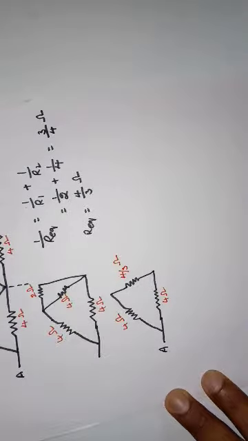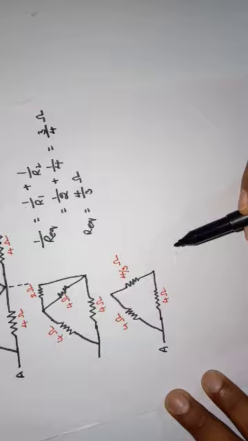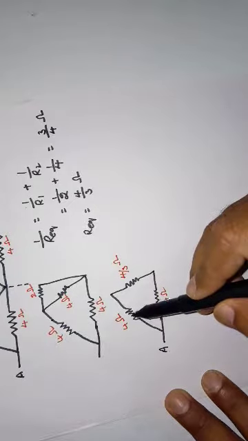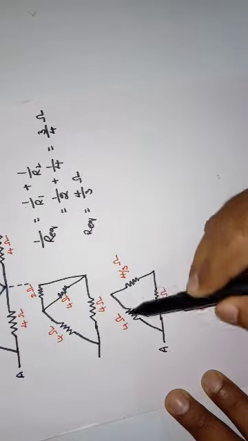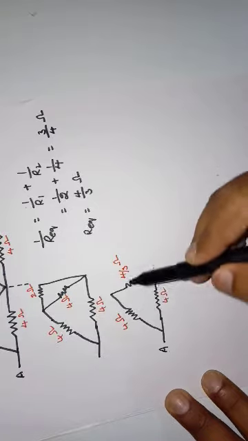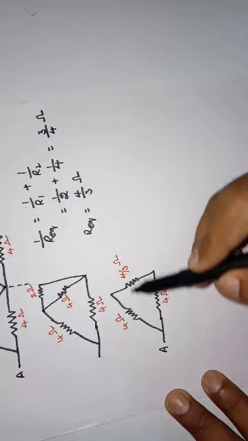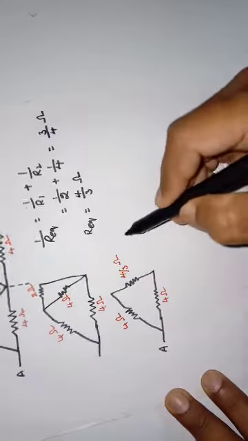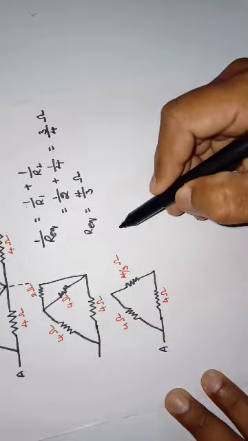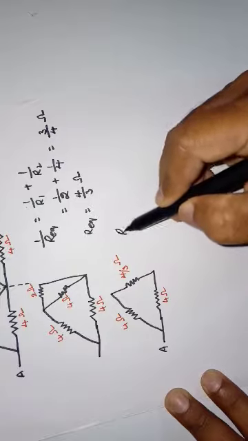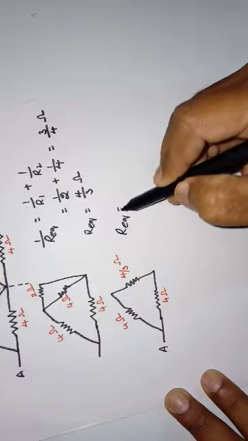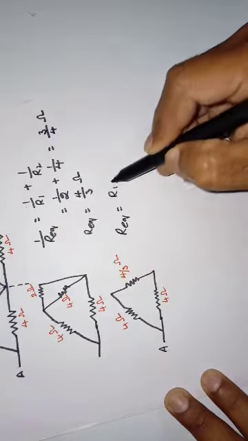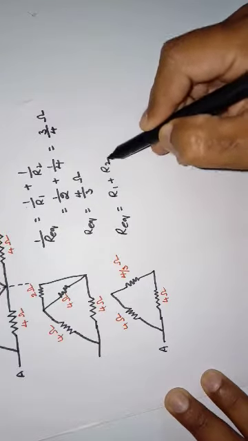Now if you observe carefully, this and these two resistors are in series connection, both 4 ohms and 4 by 3 ohms, and we know the formula to find the equivalent resistance of a series combination, R equivalent is equal to R1 plus R2.